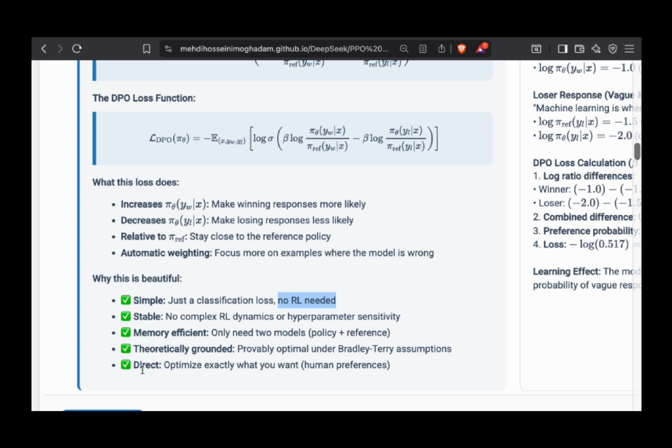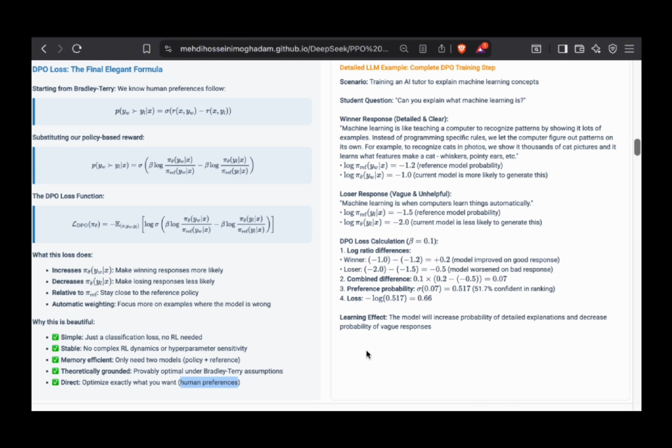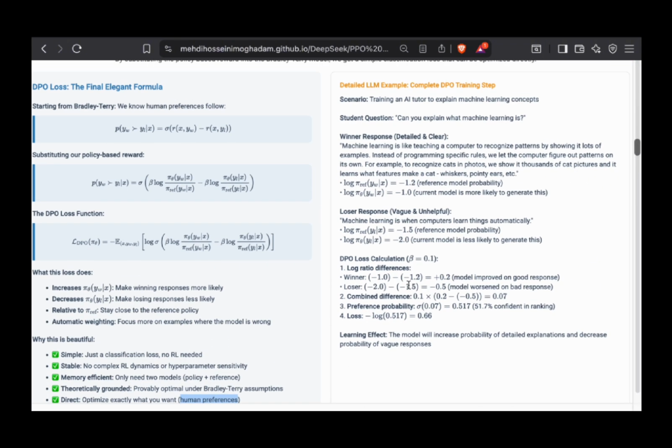And it's direct. It optimizes exactly what you want, the human preference. And that's exactly what we want, because we're trying to align the LLM. Why? Because we want it to give the human-preferred answers, and that's exactly what happens here. And there's also another example which you can have a look at.